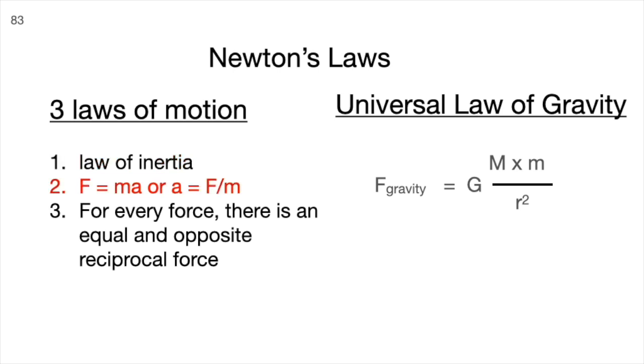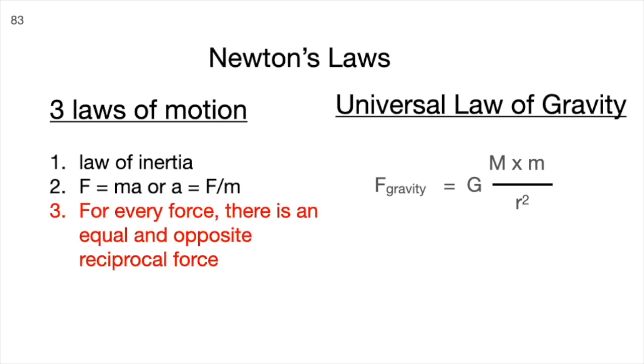The second law states that if an external force does act upon a body, it will cause an acceleration or a change in the body's velocity. In other words, force equals mass times acceleration. Another way to think of this is to write it as follows. A, acceleration, is proportional to the force and inversely proportional to the body's mass.